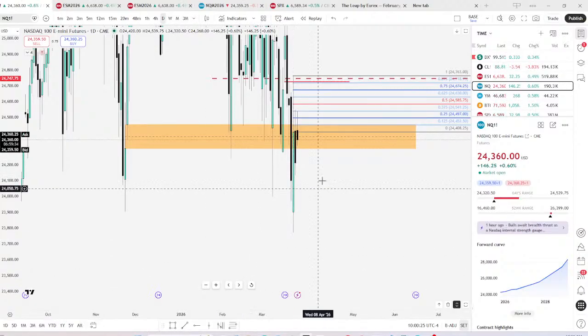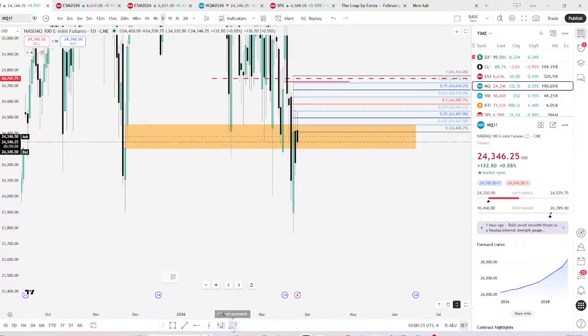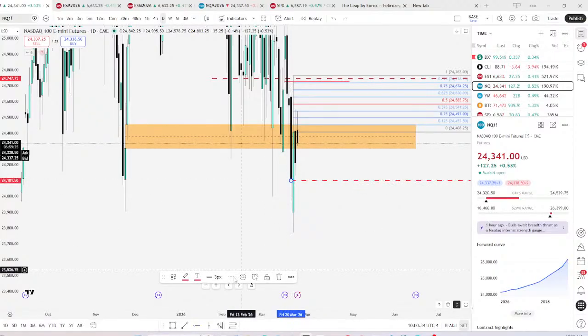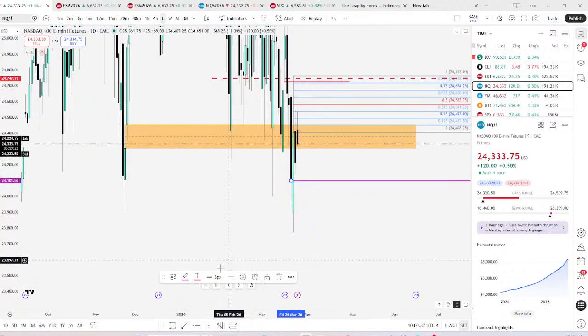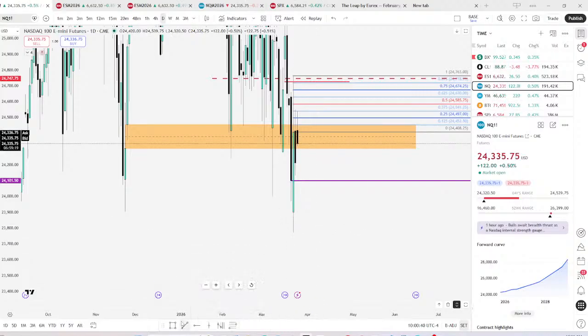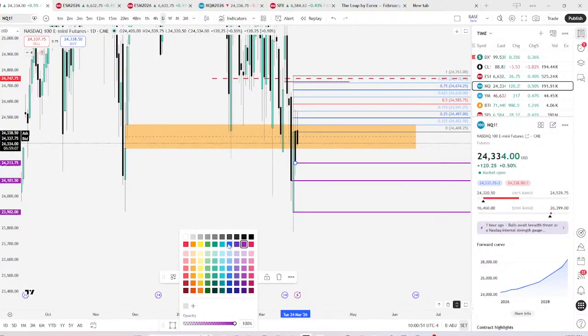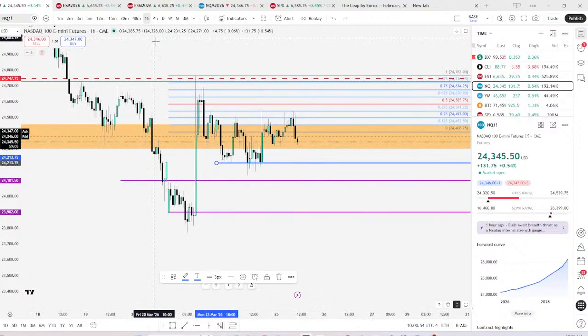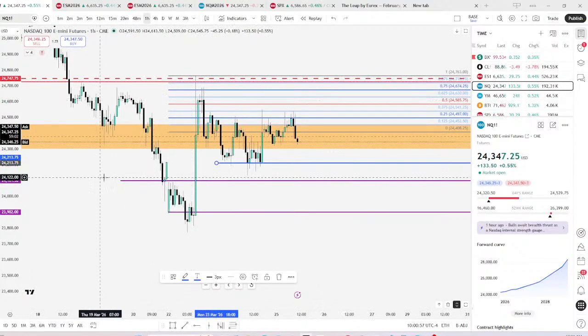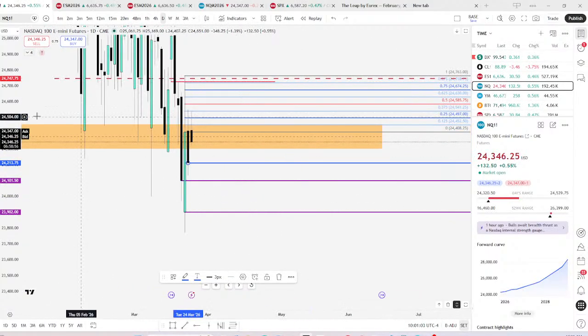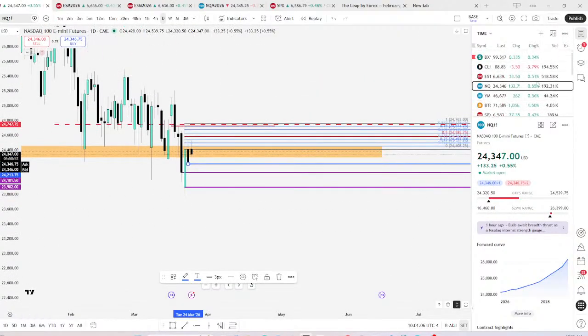So that's a new day opening gap here and a new week opening gap here, which could be explored into. But yeah, that's the business.